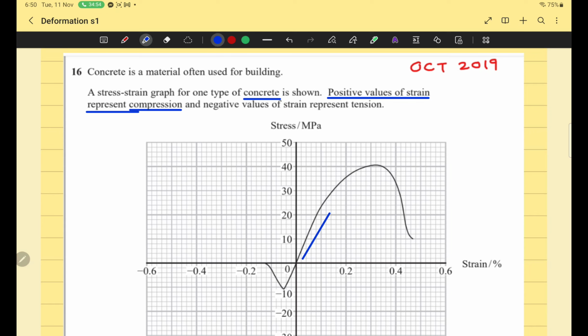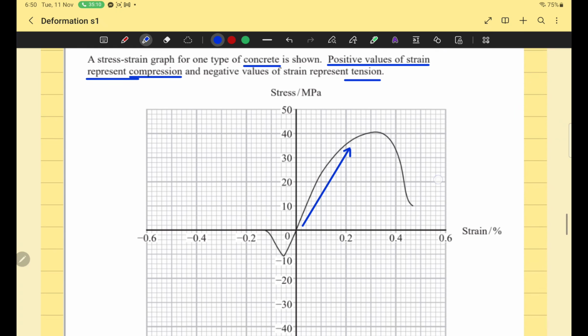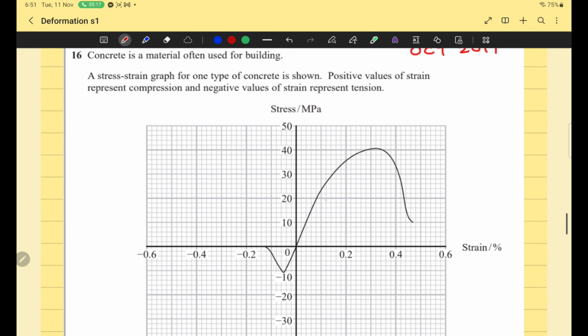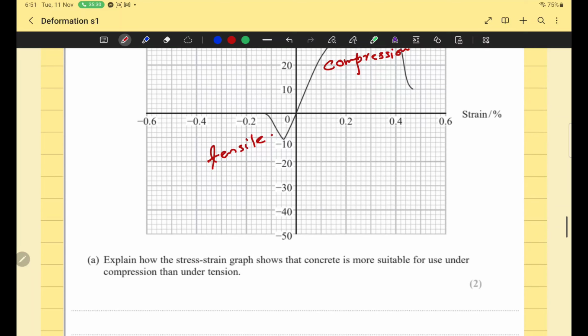When you are compressing concrete, the strain has positive values, and for stretching it has negative values. If you compress concrete, this is the graph, and if you stretch, then this is the graph.